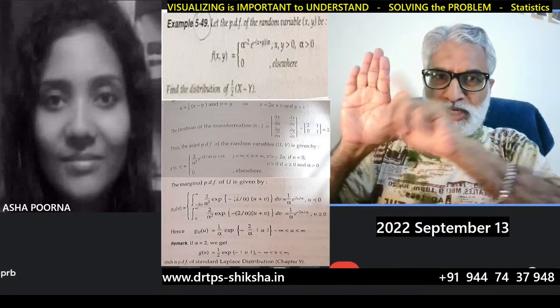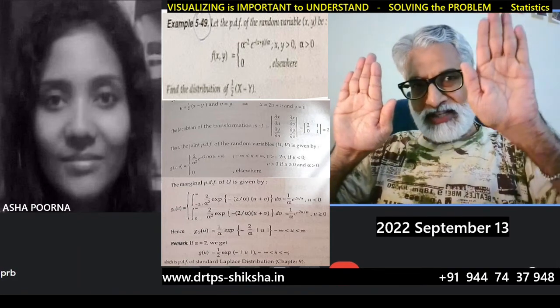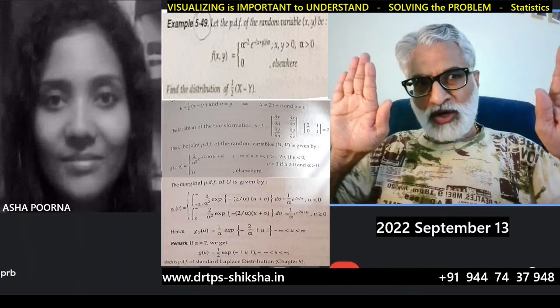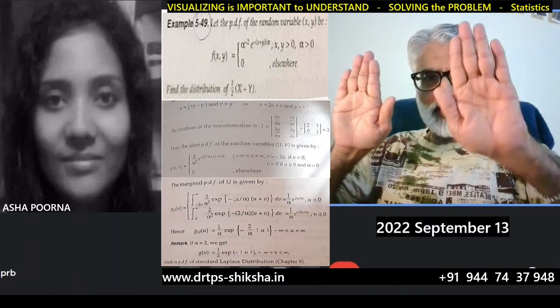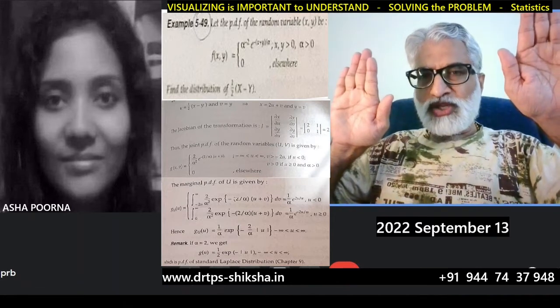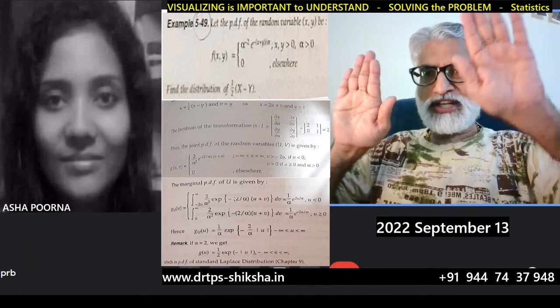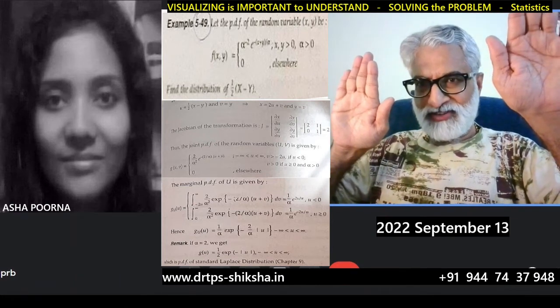Suppose you say x plus y is equal to some u, and v is some other different formula, it will take you to either this place or this place. The range keeps changing based on the function which you are using. So somebody has identified this is the easiest method for which you can solve this problem.